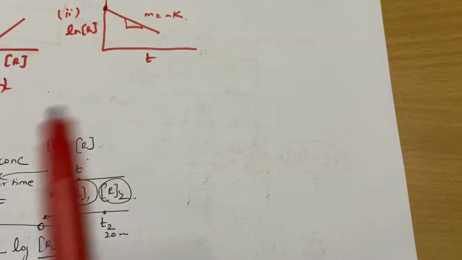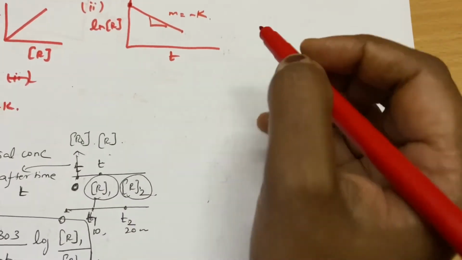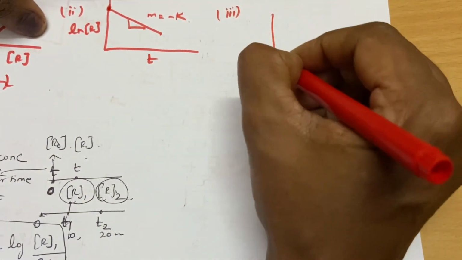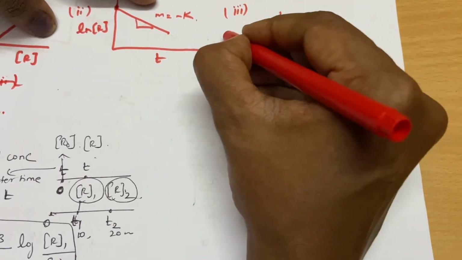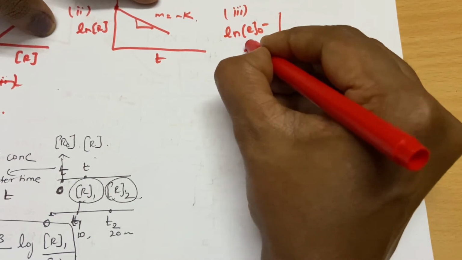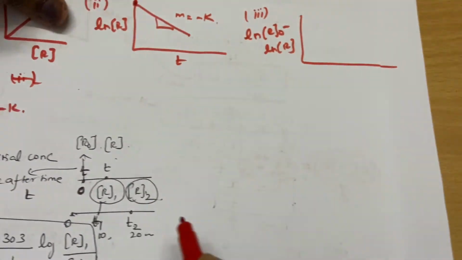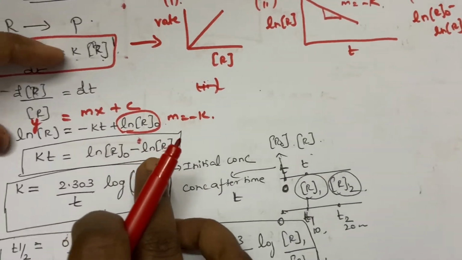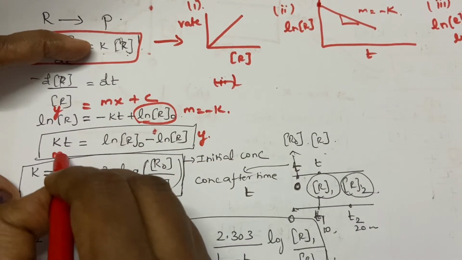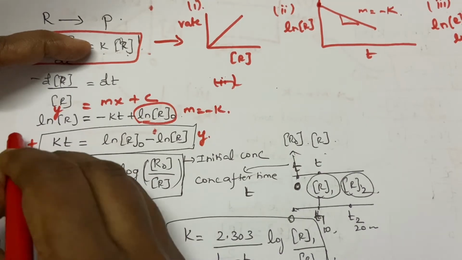And one more thing, if they ask you, I am going to ask you a question. What will the graph look like if I plot R naught minus ln R? How will it be? You have to derive from this equation. So this is your y, and this is your mx plus c, with c equal to 0 here.